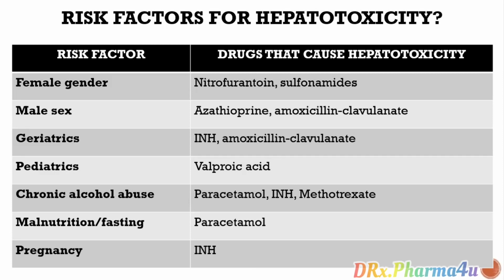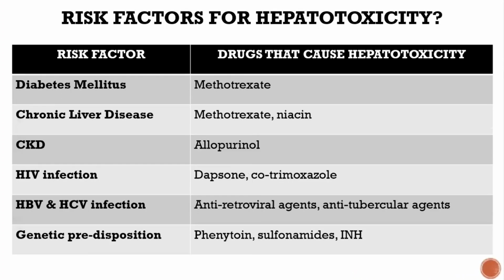Again, as I'm saying, it is not necessary that you take a single dose of any medicine and suddenly your liver gets damaged. We have to see the dose-dependent effect. We have to see the individual patient's risk factors. What are the other lab parameters? What are the liver enzymes saying for that particular patient? And in pregnancy, isoniazid can cause hepatotoxicity. If a patient is diabetic, then methotrexate has been found to cause hepatotoxicity.